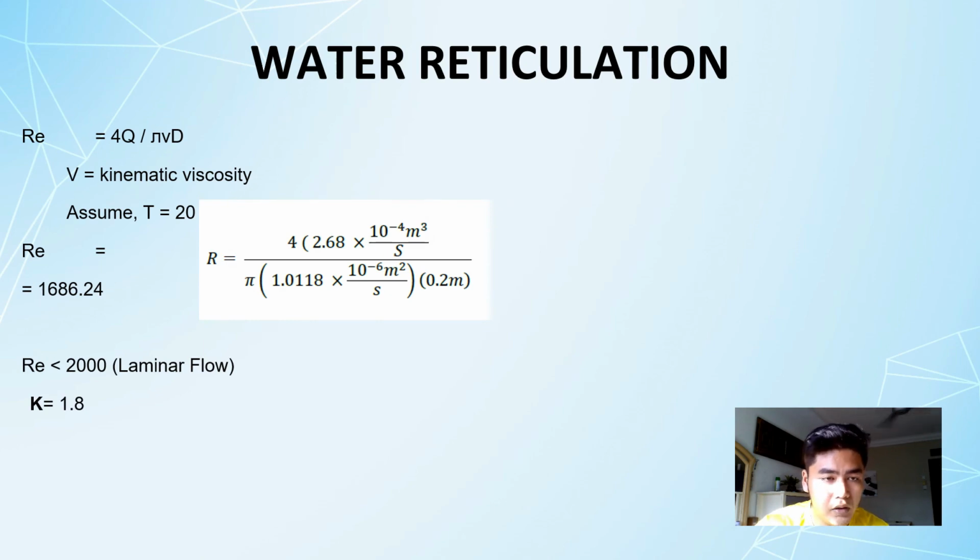Next, for the Reynolds number, from the calculation we get 1684.24, which is below 2000. This type of flow can be identified as laminar flow. As for the K, we can conclude it is 1.8.